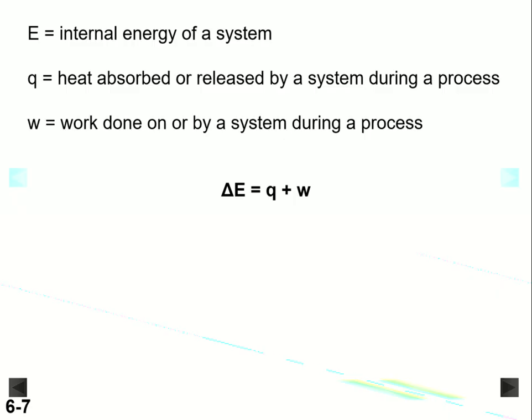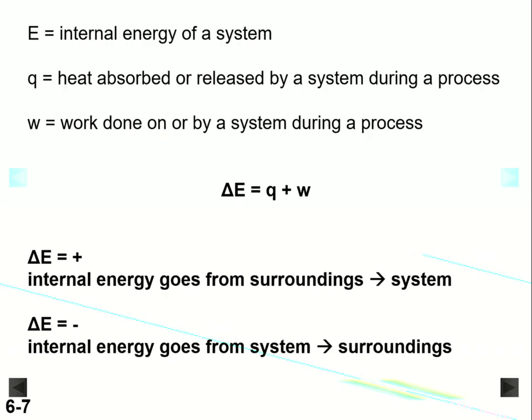And during that process, the energy change of the system will be equal to the sum of the heat plus the work that happened during the process, moving between state 1 and state 2. If delta E is positive, the internal energy has gone from the surroundings into the system. If delta E is negative, the internal energy from the system has gone into the surroundings.